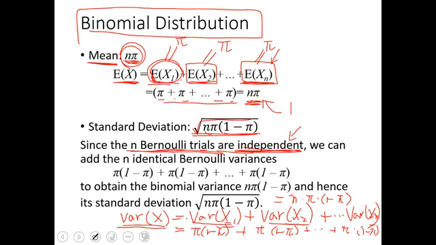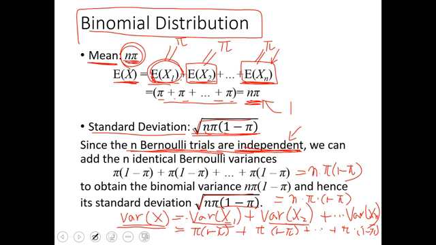Okay? So we have n times pi times 1 minus pi as the variance. To obtain the standard deviation, we just take the square root of the variance, and then we obtain the standard deviation of the binomial distribution.